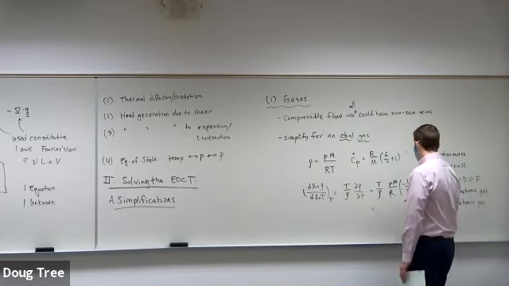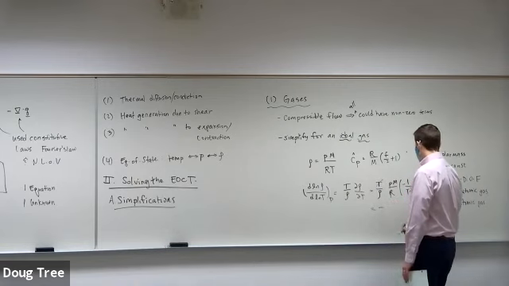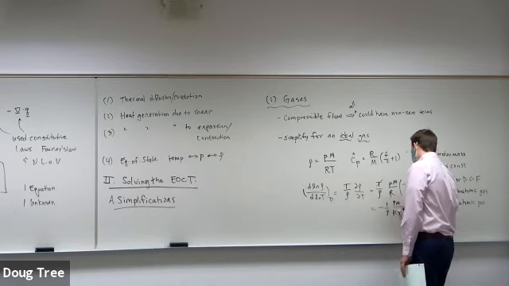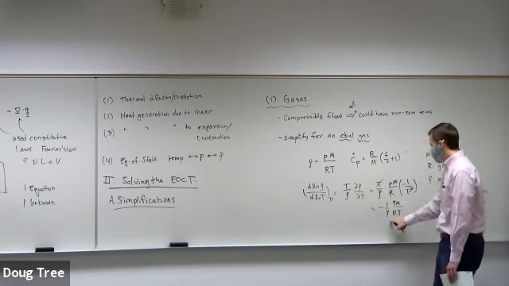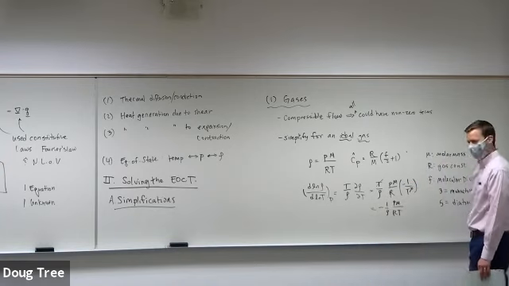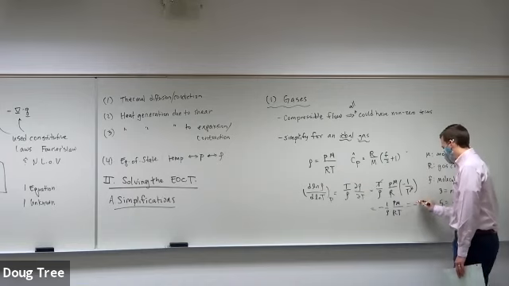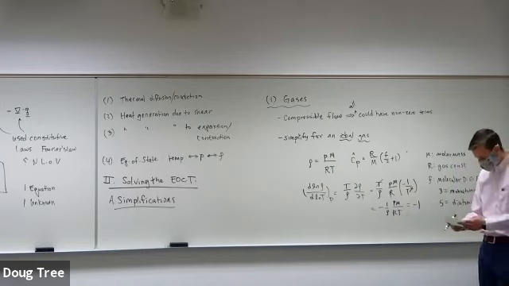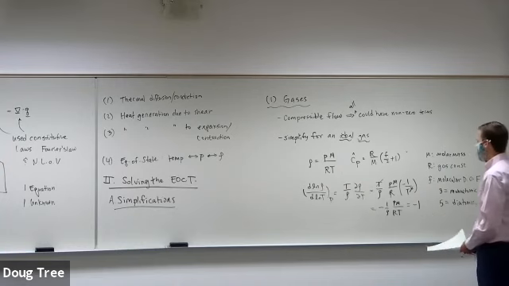And that means I get a negative, T cancels, and I get 1 over rho times PM over RT. But rho is PM over RT. So that gives me -1. So that guy simplifies down to a -1.